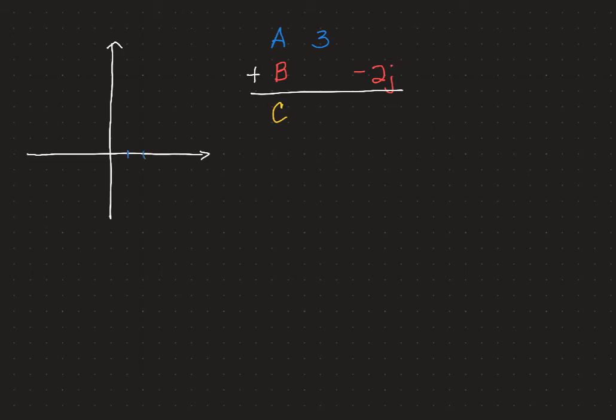A would be 3 in the real direction. Okay, real and imaginary. So our arrow would be right along the real axis over to positive 3. Our B is a negative 2 in the imaginary direction.